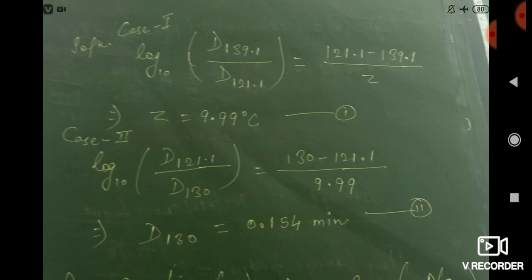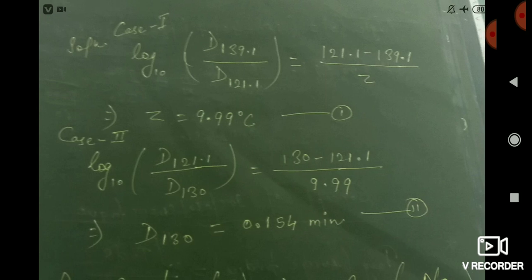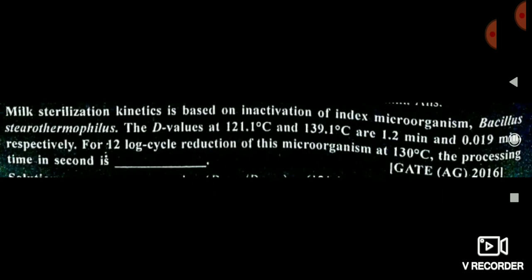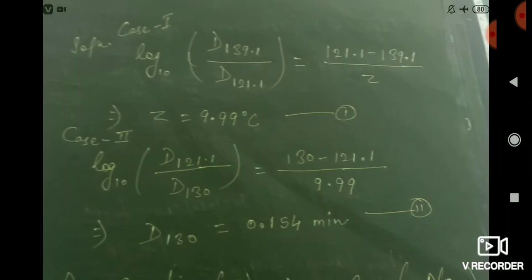So you have to calculate this Z value first, because two temperatures are given, 121 degree centigrade and 139.1 degree centigrade, and the two decimal reduction times are given, 1.2 and 0.019 minutes, and we have to calculate at 130 degree centigrade. Friends, here you see that the temperature is 130 degrees. So first we have to calculate the D value at 130 degree.